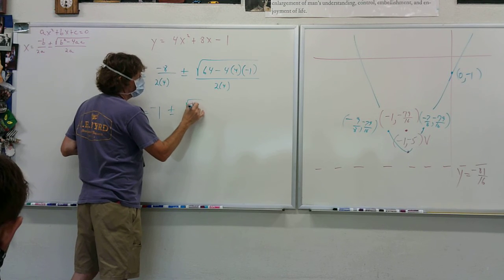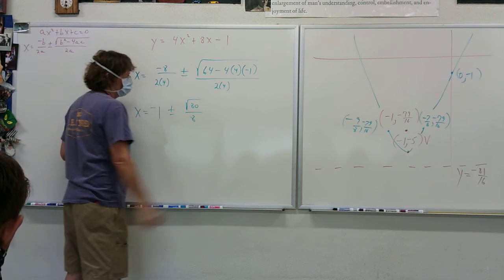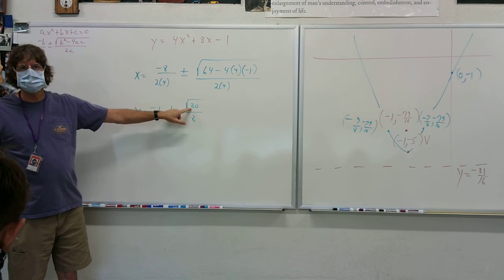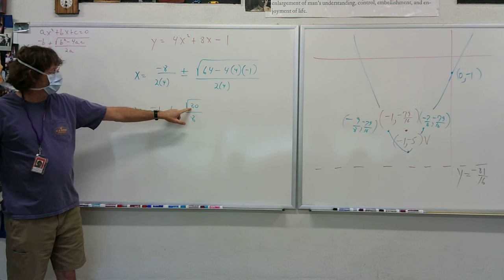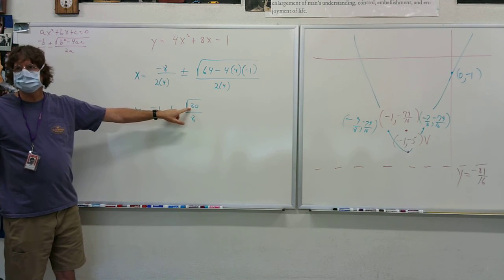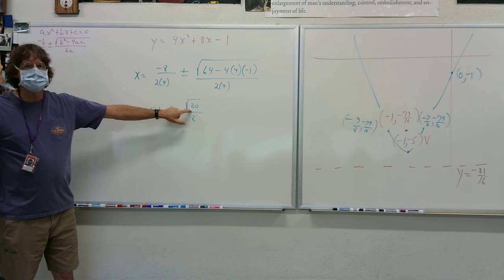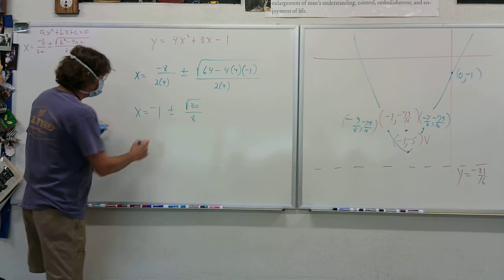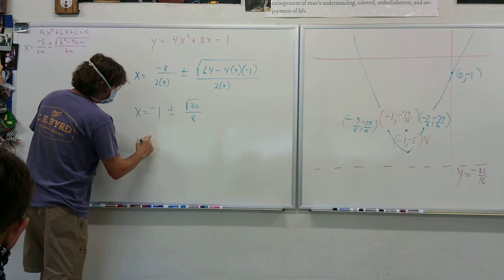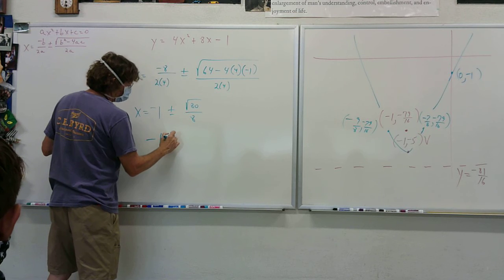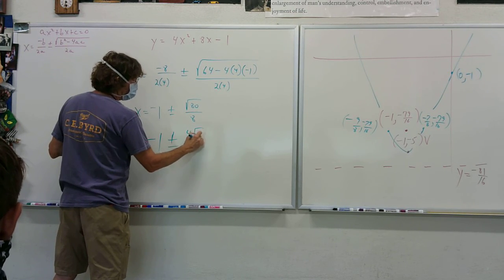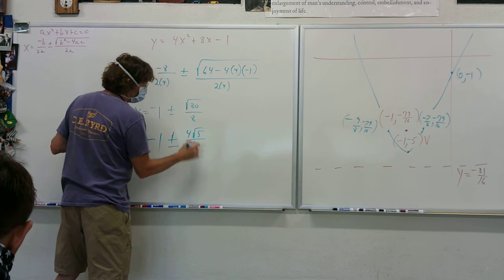Now, before we do anything here, I'm just going to write that down, but everyone here already knows that needs to be reduced, right? Yeah, because that's 16 times 5. And what is the square root of 16? 4. It's going to work out nice. So negative 1 plus or minus 4 square roots of 5 over 8.